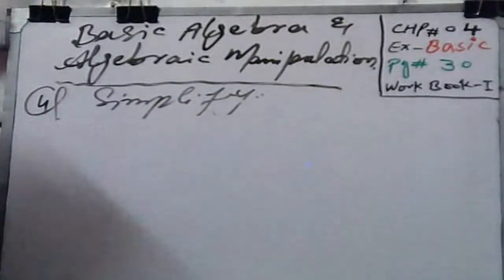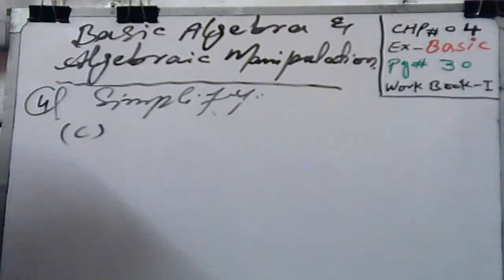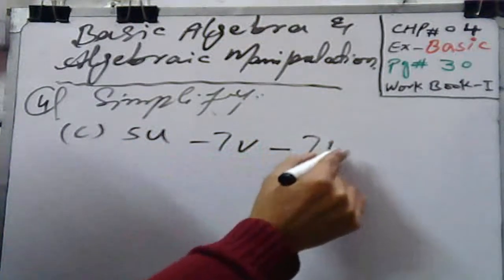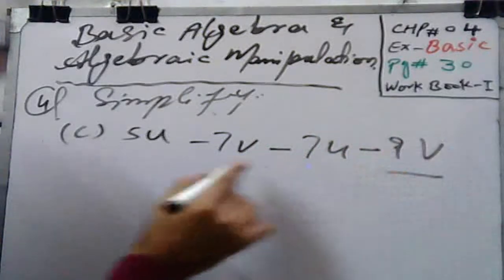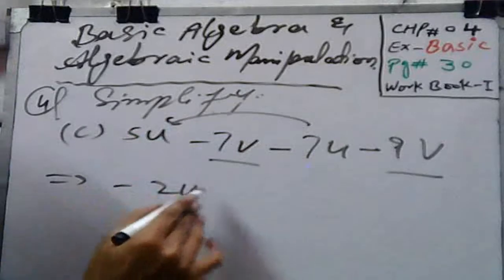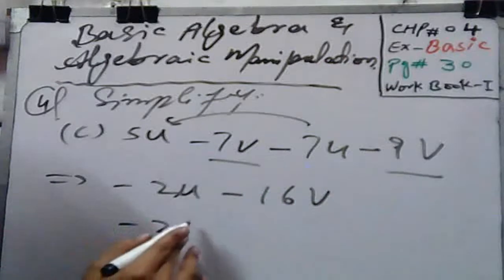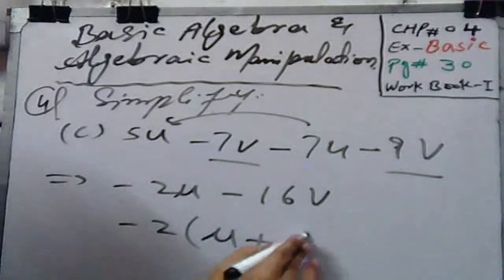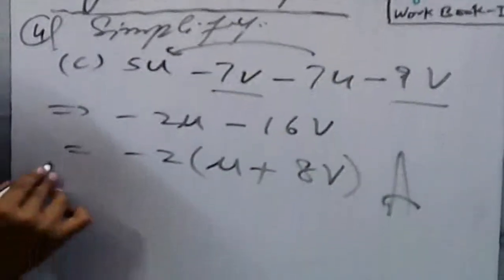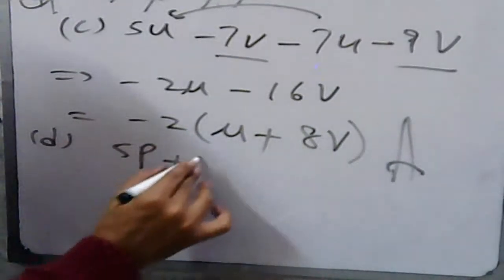Now coming to the C part. In C part, 5u minus 7v minus 7u minus 9v. U and u, you will get minus 2u, and minus 16v. You can take minus 2 common, u plus 8v. That is the result.